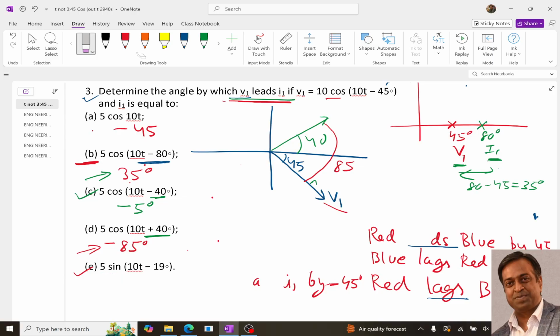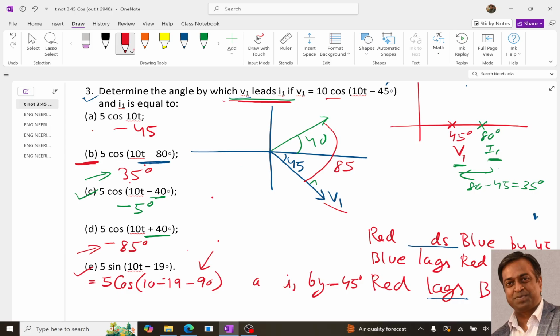So using trigonometry, we can rewrite this expression as cos 10t minus 19, minus 90. So you need to check trigonometry if you do not understand why I put minus 90.